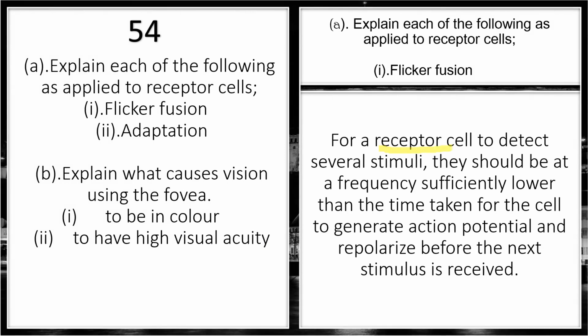For a receptor cell to detect several stimuli, they should be at a frequency sufficiently lower than the time taken for the cell to generate the action potential and repolarize before the next stimulus is received.